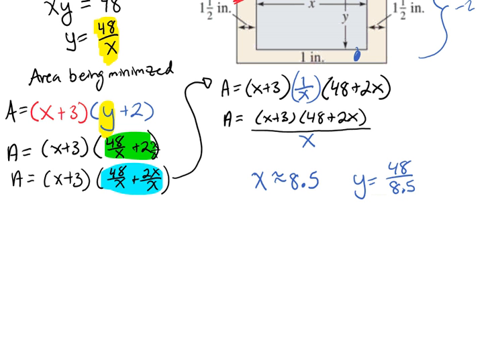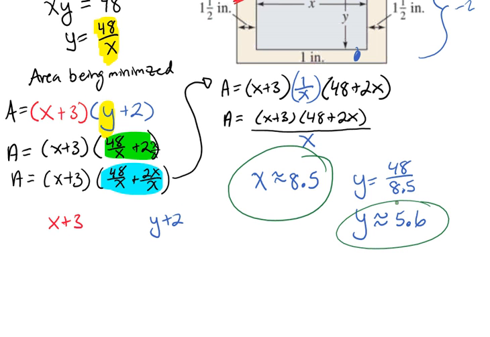And so if we take that 48 over 8.5, because that's what we know x is, that's going to give us approximately y equals 5.6. So now what we want to do is take that x plus 3 from earlier and that y plus 2, and plug in the x and y values that we got.